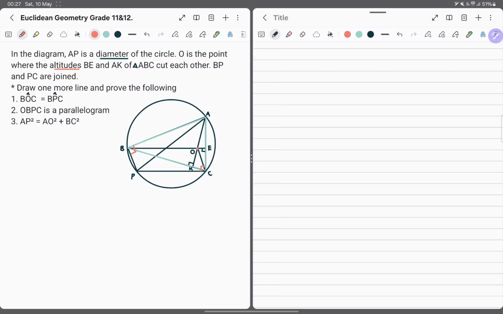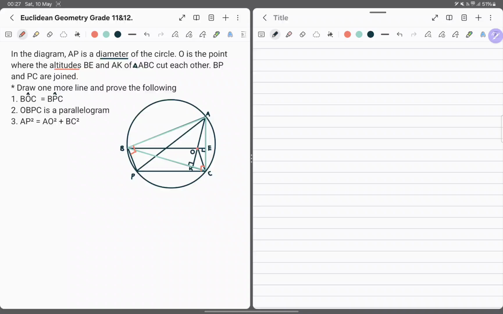Great. So we know that here O is the orthocenter. Now we're told here O is the point where the altitudes BE and AK of triangle ABC cut each other. So that becomes the orthocenter. Great. BP and PC are joined.